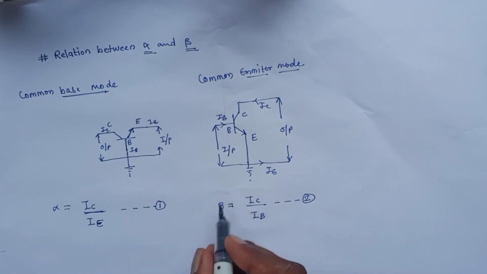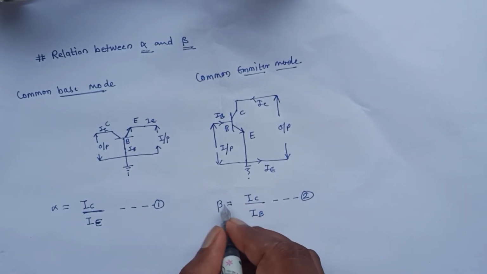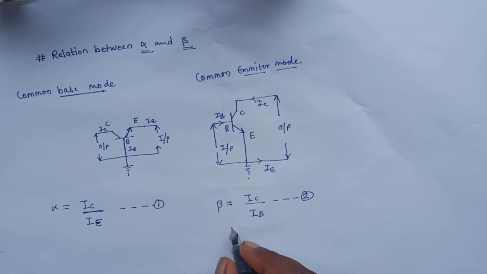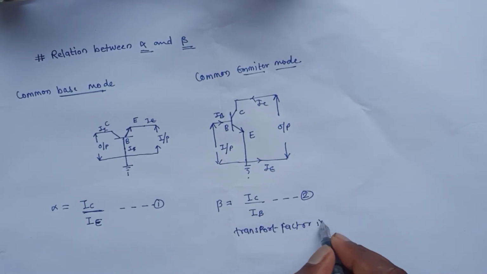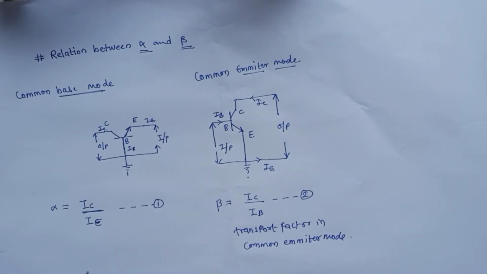So first thing I want to tell you, beta is also called the transport factor in the common emitter mode, and alpha is defined in the common base mode.